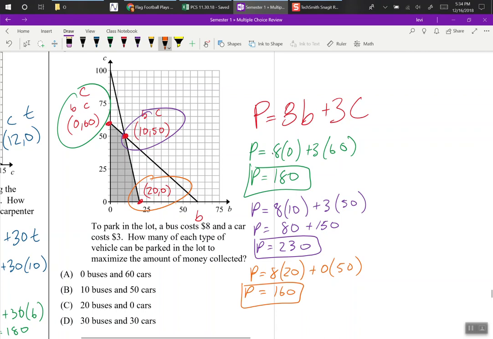So the maximum was our purple, here was our max, and we had a minimum down here, was our min.